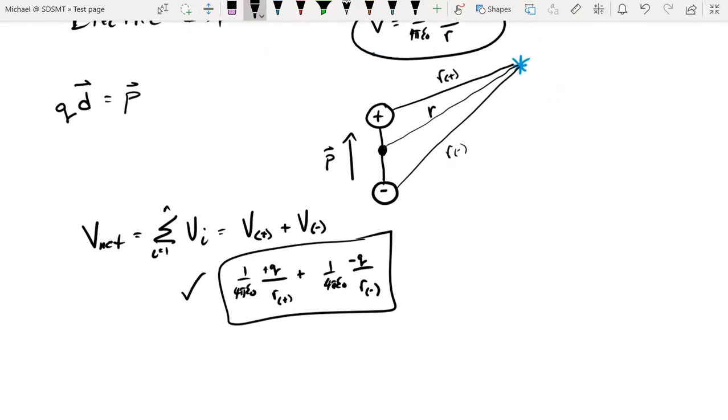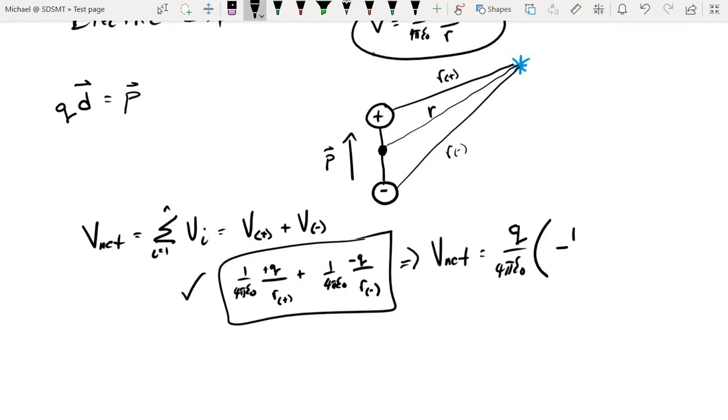So we're going to start right here with the equation that we've set up, and I'm going to clean this up a bit because both of our terms have a lot of things in common. We have the 1 over 4 pi epsilon, and both terms have the same magnitude of charge, so I will bring that out front.